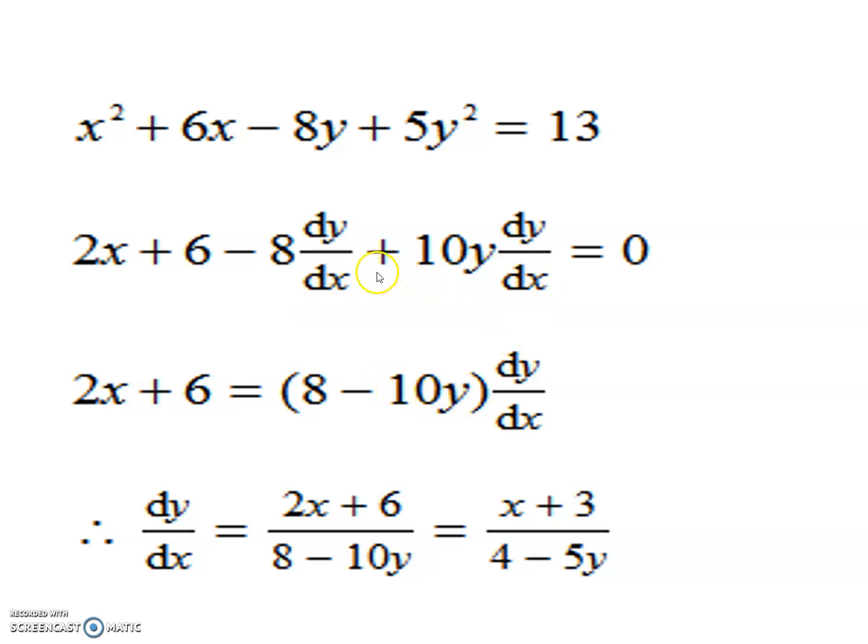We take the minus symbol common, so both signs will change because it is shifted to this side. So minus becomes plus, plus becomes minus. dy by dx remains the same. This term remains the same. Now 8 minus 10y is in multiplication with dy by dx, so dy by dx remains the same and 8 minus 10y goes to this side.